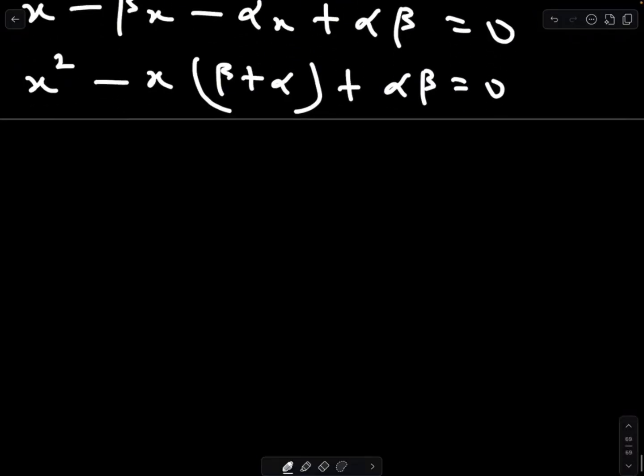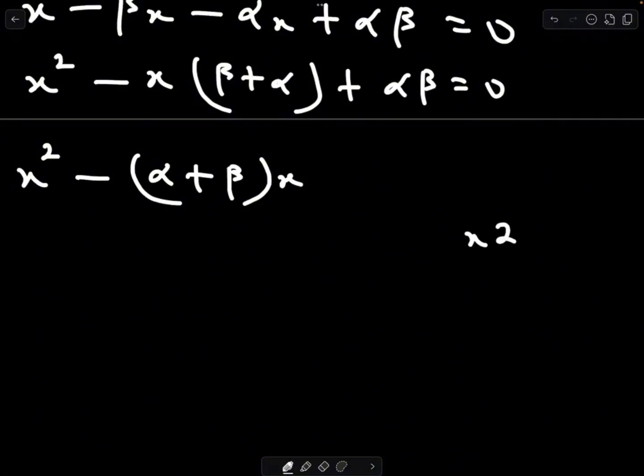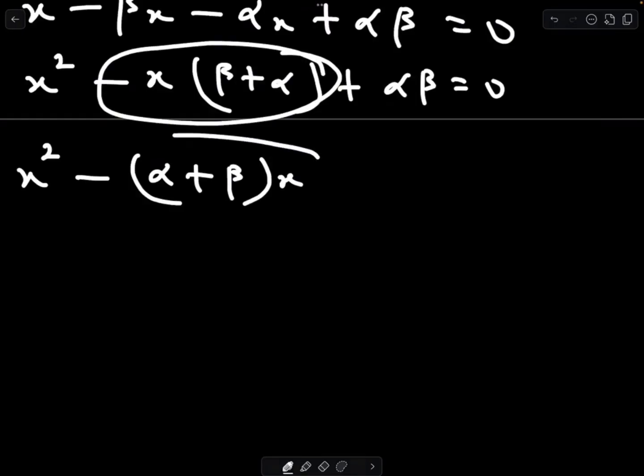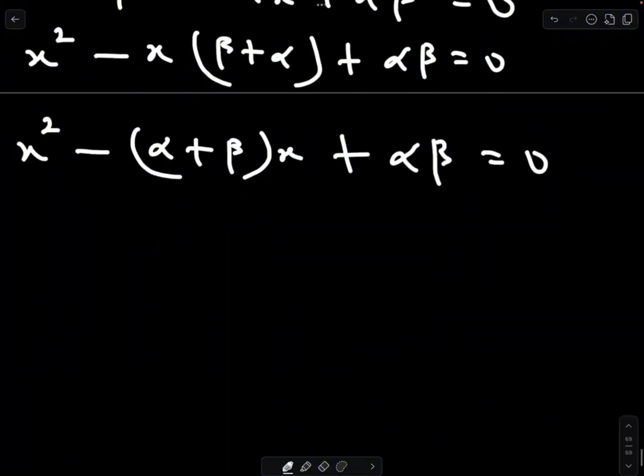Let me make it look nicer by writing it this way. Minus beta plus alpha is the same as alpha plus beta times x. You don't say x2, you say 2x. So that's why I'm rewriting this as this. Plus alpha beta equals 0.